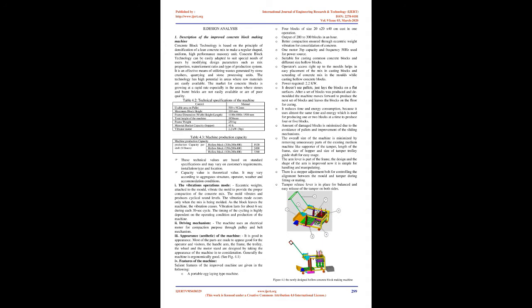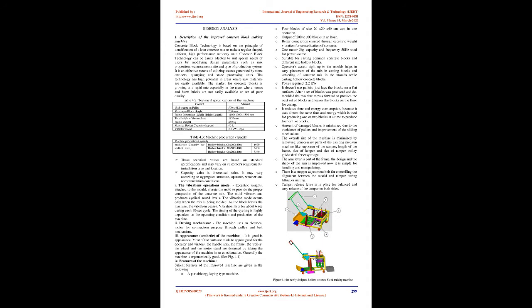It is an effective means of utilizing wastes generated by stone crushers, quarrying, and stone processing units. The technology has high potential in areas where raw materials are easily available. The market for concrete blocks is growing at a rapid rate, especially in the areas where stones and burnt bricks are not easily available or are of poor quality.